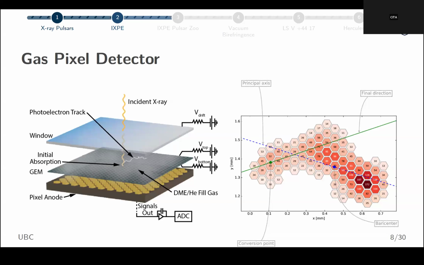A lot of the sources that we look at, of course, none of them have been looked at before. So we just start with the very bright X-ray sources, which is wonderful and fun because we're seeing something new.